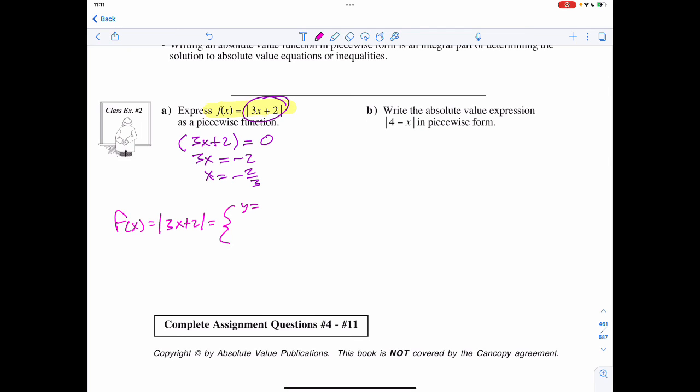Y is equal to 3x plus 2 if x is greater than or equal to -2 over 3. Y is equal to the negative version of that, negative bracket 3x plus 2, if x is less than -2 over 3.